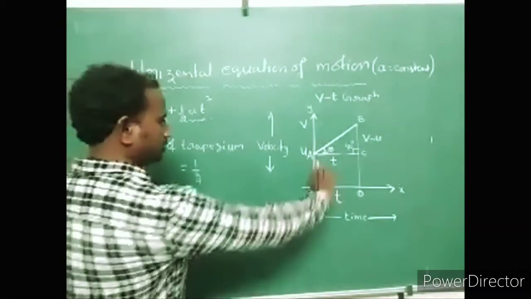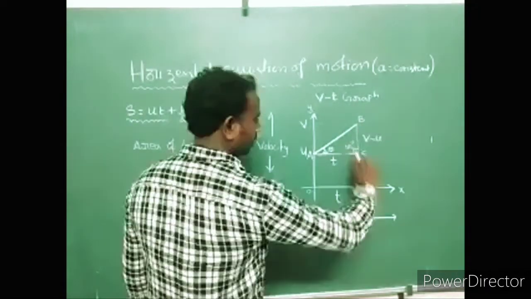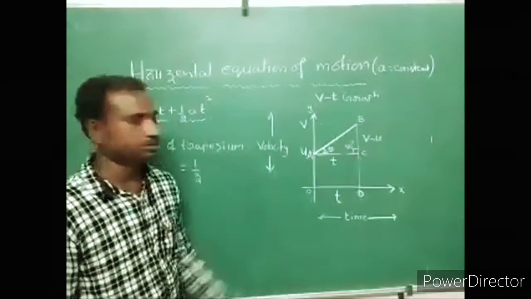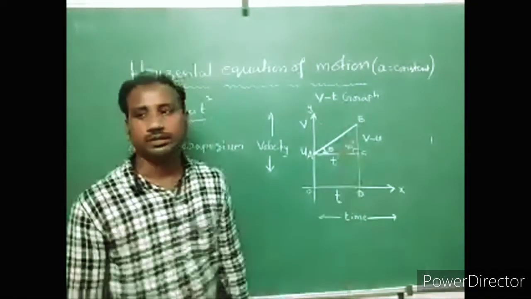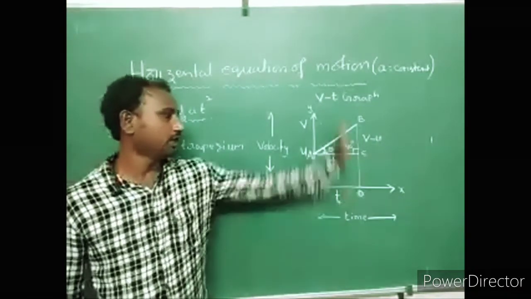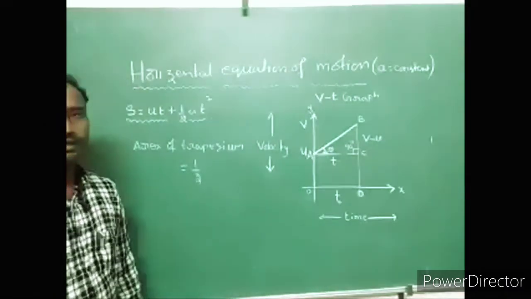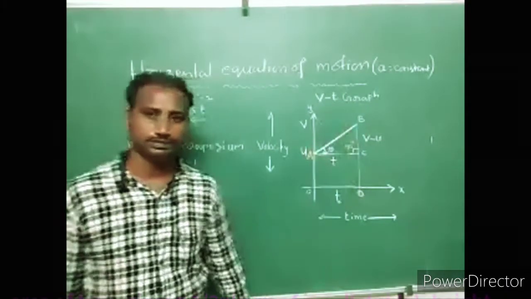Here OA is one side and BD is the other parallel side. Both are parallel only. What is the angle between OA and BD? Parallel means 0 degree. The angle between OA and BD is 0.